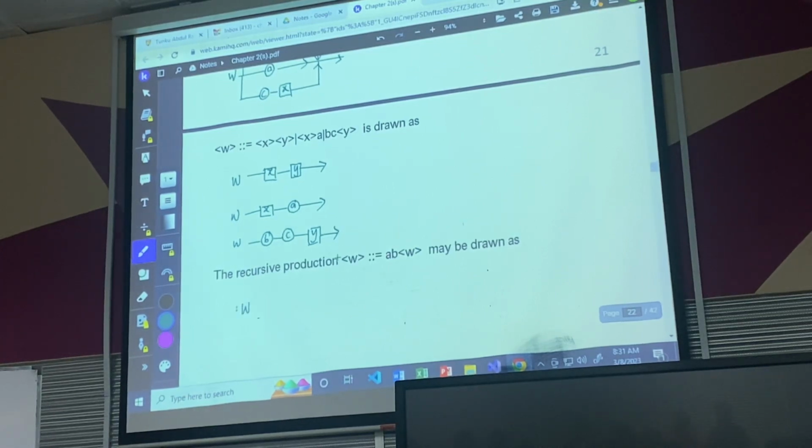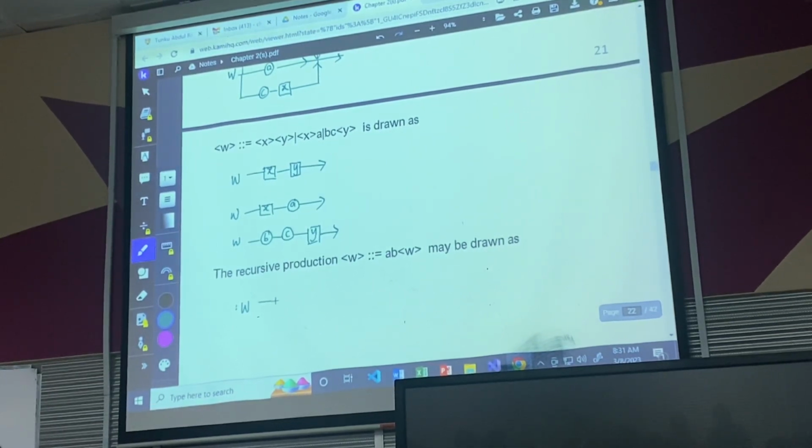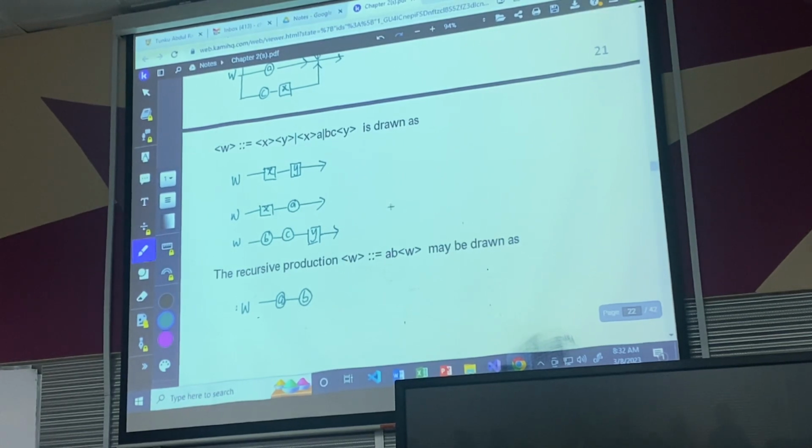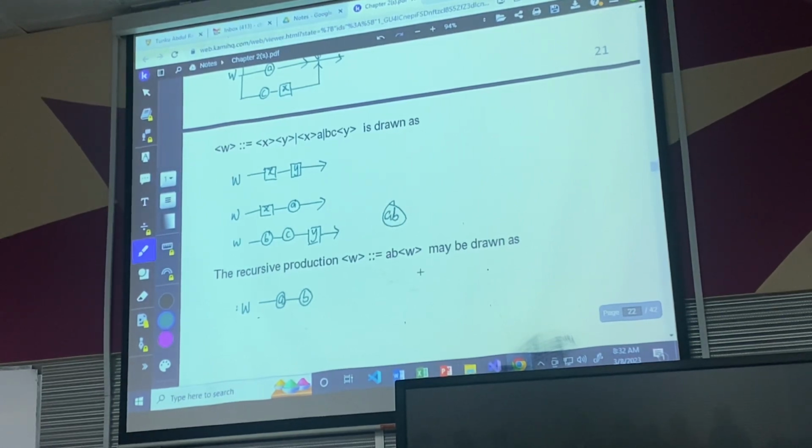If you go straight away to the right, remember, if this is A, B, right? Don't draw like this. One terminal, one circle.